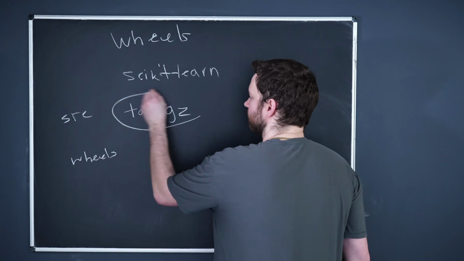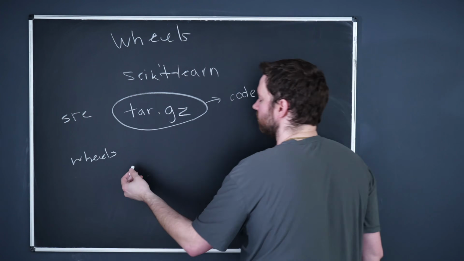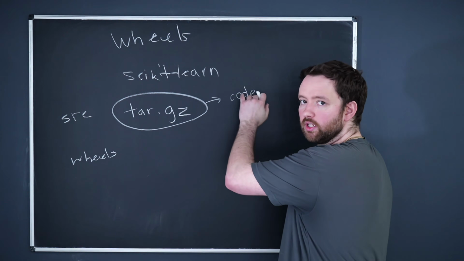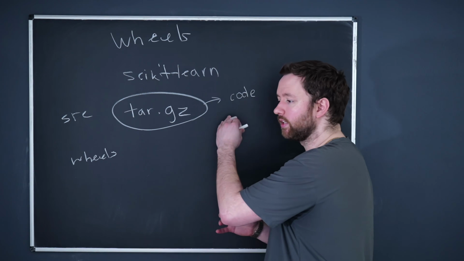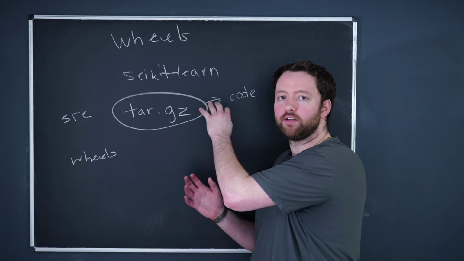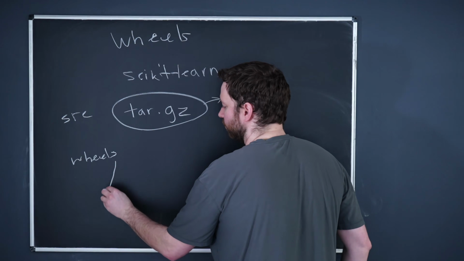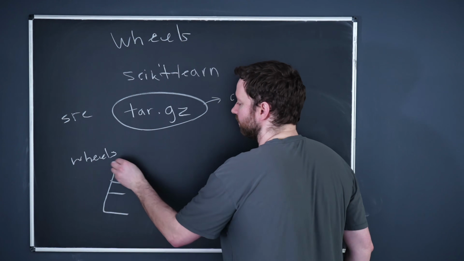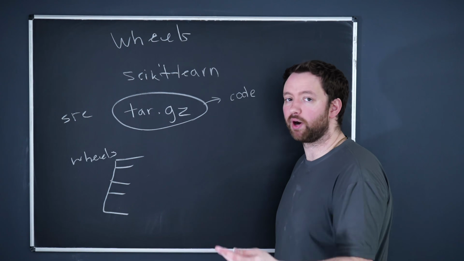So there's going to be a single source, and this is the code, but the wheels will have taken that code and prepared it for various platforms. So any kind of compiling that needs to be done, any pre-work needed to get it to work on a certain platform is already done for you. So with the wheels, there's going to be a bunch of different versions for different operating systems and architectures and Python versions.